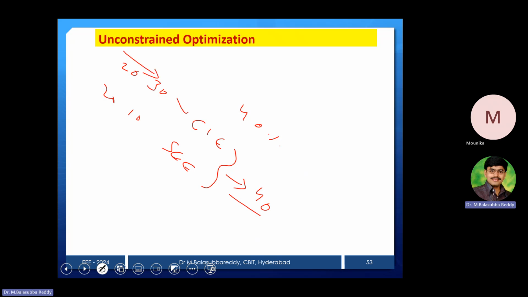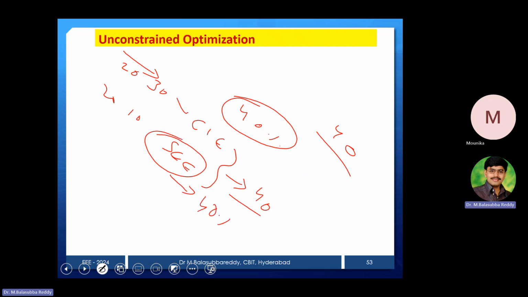But there is a constraint in that. What is the constrained problem? In total, 40 percent of marks you need to get. Let it be out of 100, you need to score 40 marks. But there is a constraint: you must secure 40 percent of marks in the external. It is mandatory.